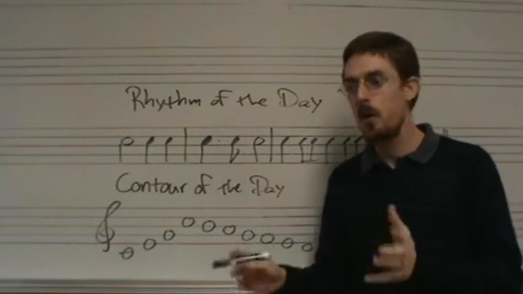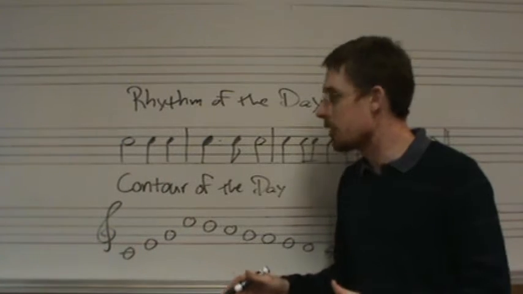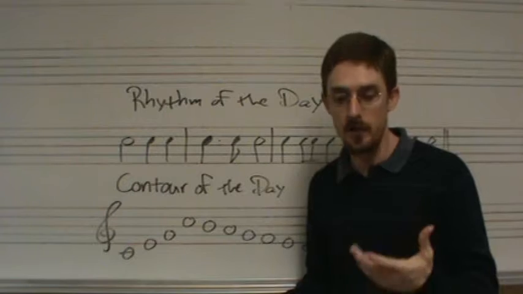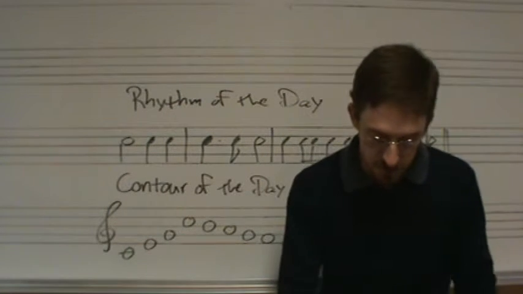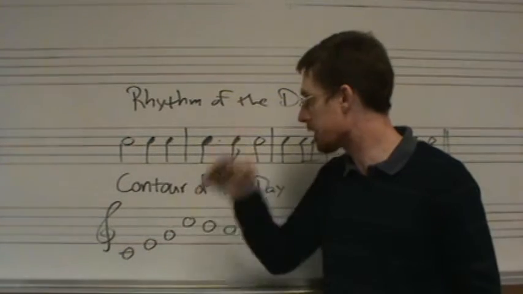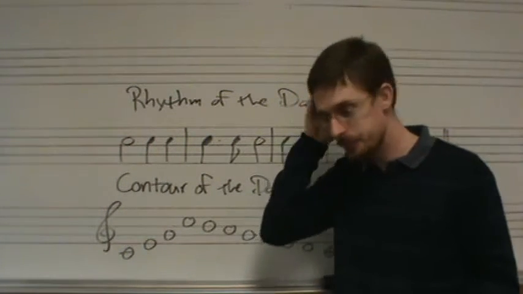Okay, so we're trying to do things eliminating the variables so that we can be stronger and more confident on specific variables. In the case of the rhythm of the day, we're setting the rhythm. That way we can concentrate on what the melodic contour is like.